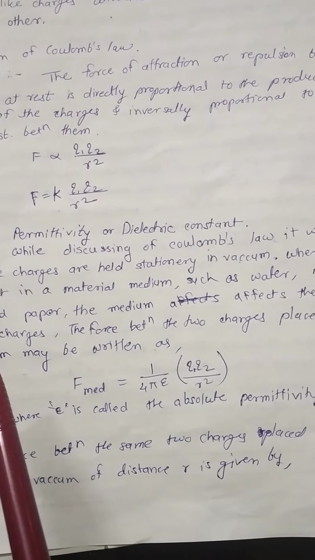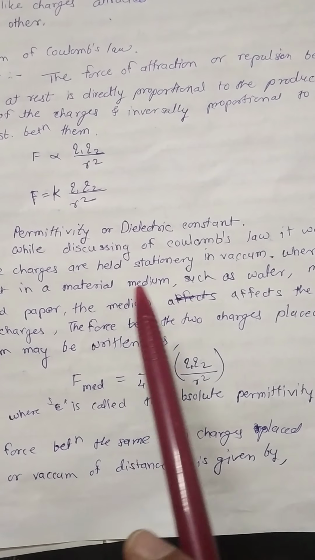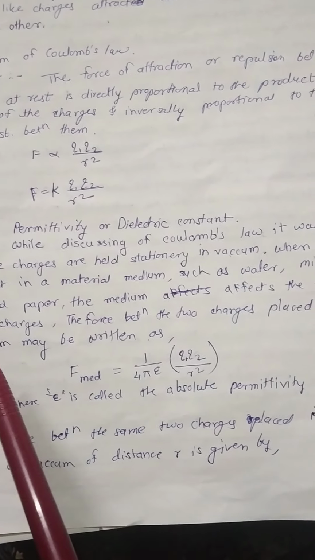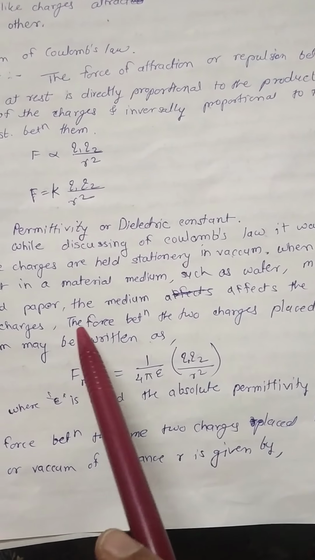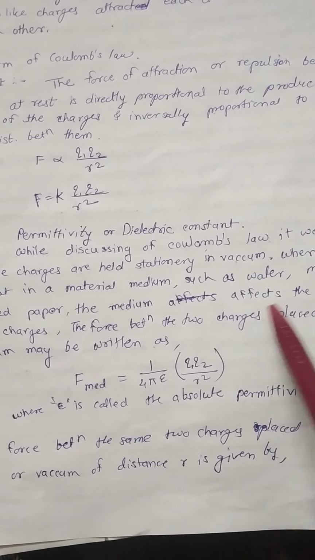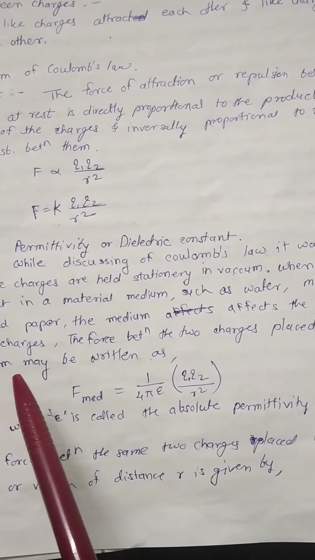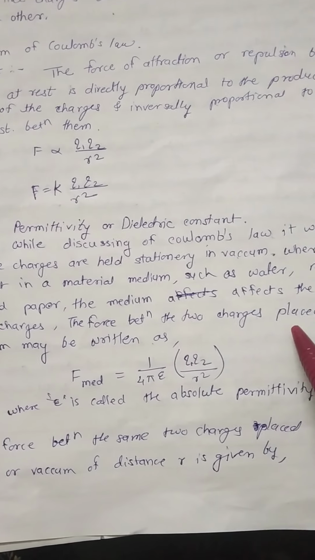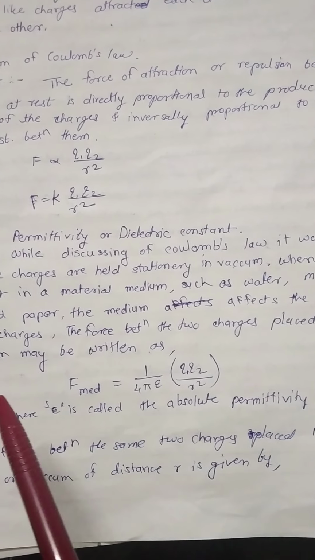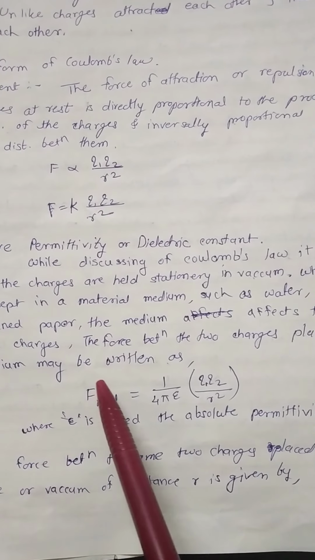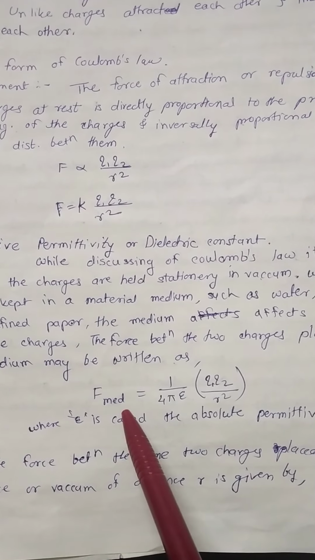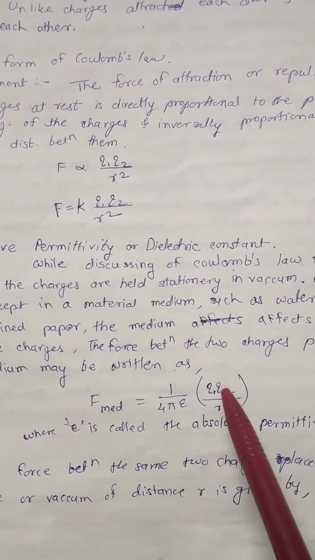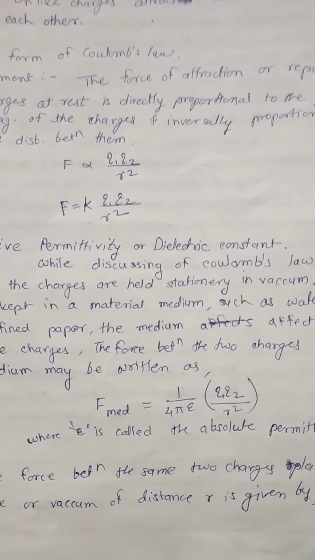When the charges are kept in a material medium such as water, mica or paraffin paper, the medium affects the force between the charges. The force between the two charges placed in a medium may be written as F medium is equal to 1 upon 4 pi epsilon Q1 Q2 upon R square.